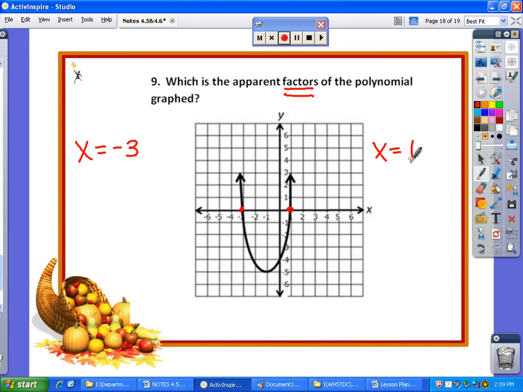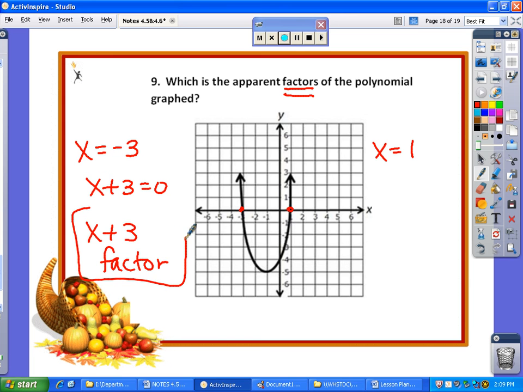Now remember, to get a factor, we want to set this equal to 0. We want to go backwards and figure out what the factor is. So here, if we move the 3, we're going to get x plus 3 equals 0. So x plus 3 is my first factor. Going backwards.